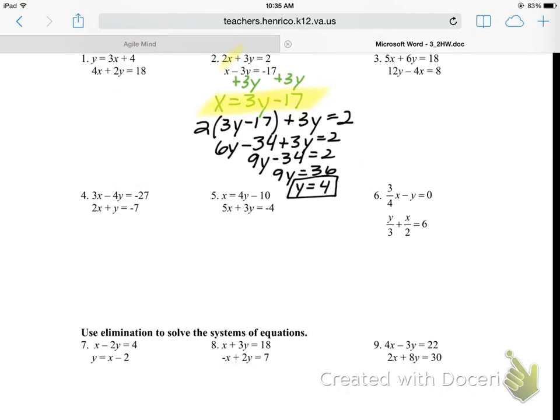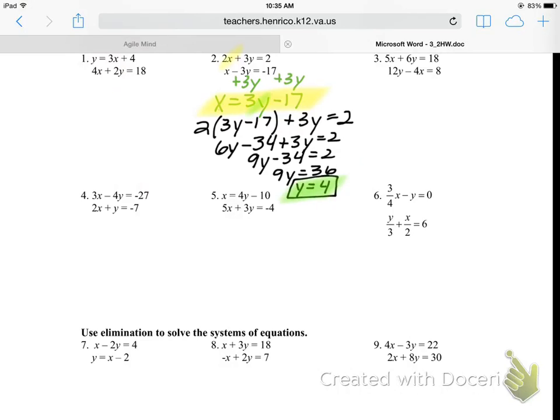So if I know I have that, I'll take that y is 4. I'll plug it in to either one of these equations.